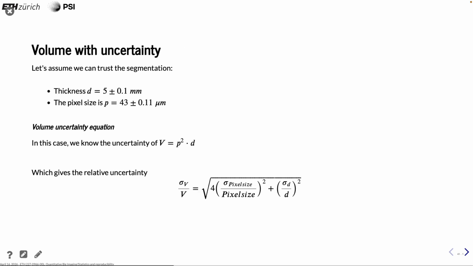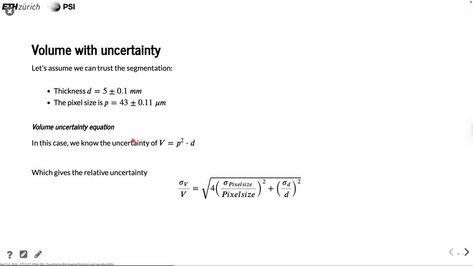So, to measure the volume with uncertainty, we have some thickness. Here I just threw something in, it's just a play example. So I said I have the thickness plus minus 0.1 millimeters. We have the pixel size, which we already defined.